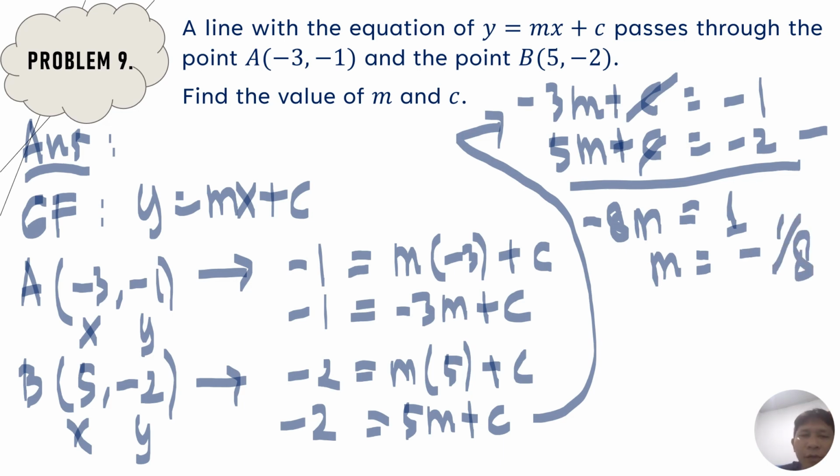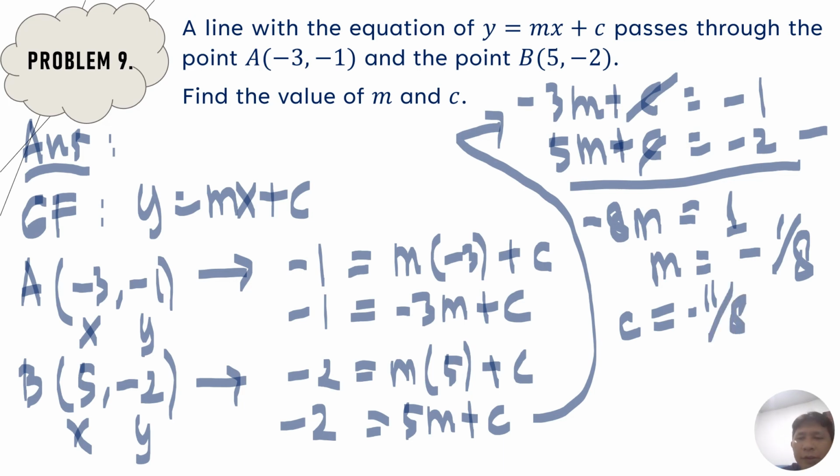Now we're going to find the value of c. We're going to pick from the first or the second equation. You're going to try it by yourself, guys. So I will make it, this is the answer for the value of c equals, wait a minute. If I'm not mistaken, this is minus 11 over 8.